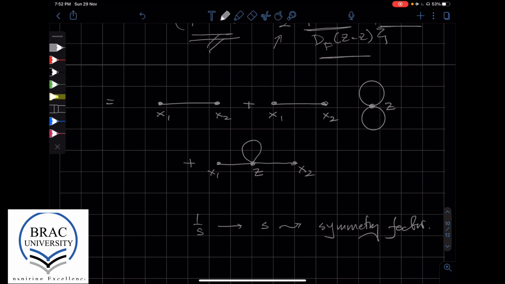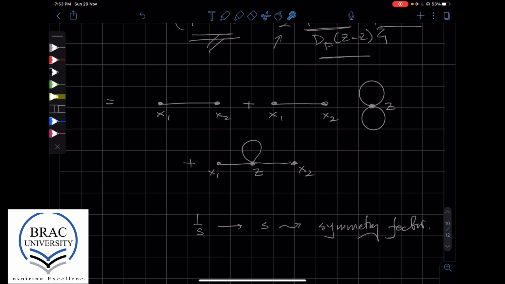And the way to look at it is that you first fix the external points. And then, for each of the loops we see at the base of the internal points, we just exchange the ends of the loops. And if we get the same diagram, the number of exchanges that we can do is going to be the symmetry factor. So for example, for this diagram, we see that we can exchange this guy with this guy, and we get the same diagram.